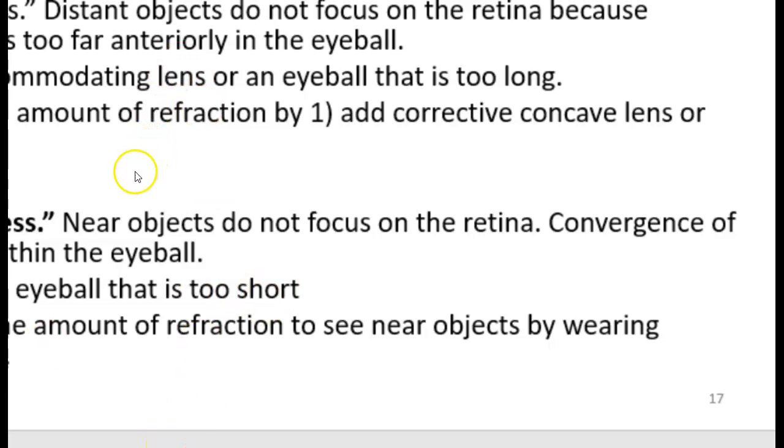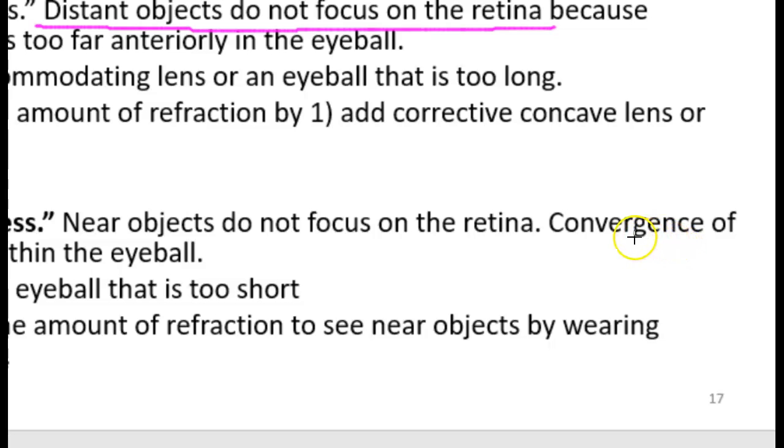For us, what we want to look at are 2 conditions that are pretty common in younger adults and children. That's myopia and hyperopia. Myopia is often referred to as nearsightedness. Hyperopia is referred to as farsightedness. So when you're nearsighted, you can focus on objects that are near, but distant objects aren't focused onto the retina sharply.